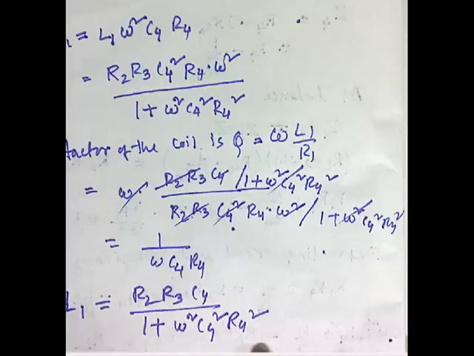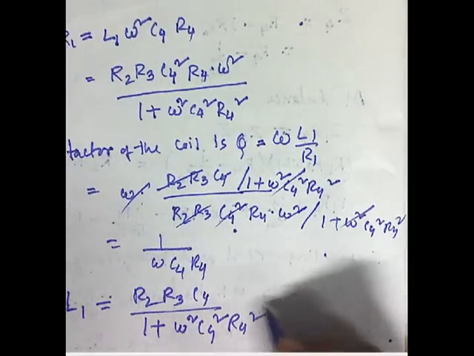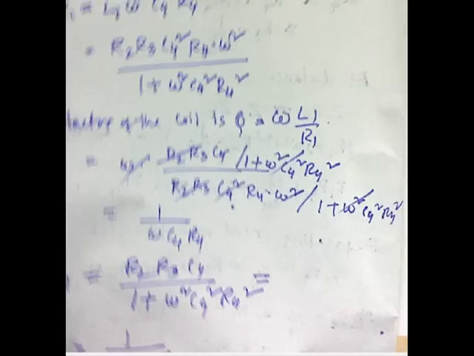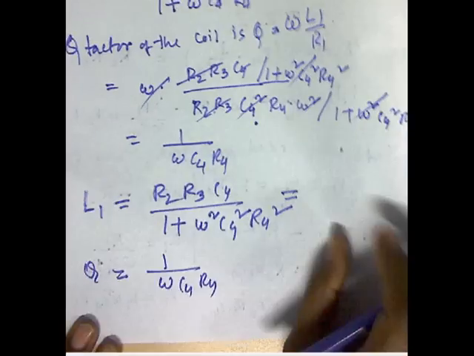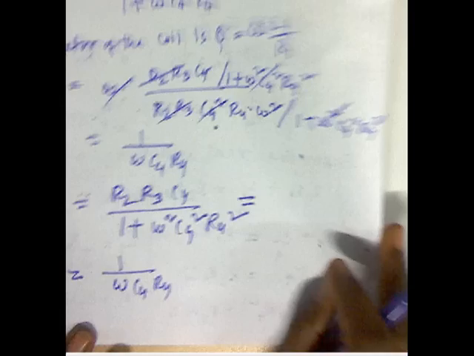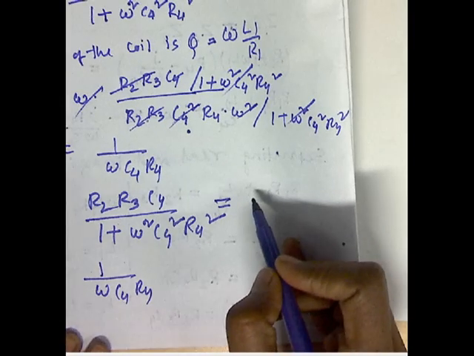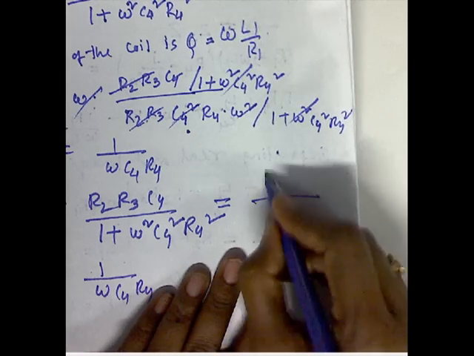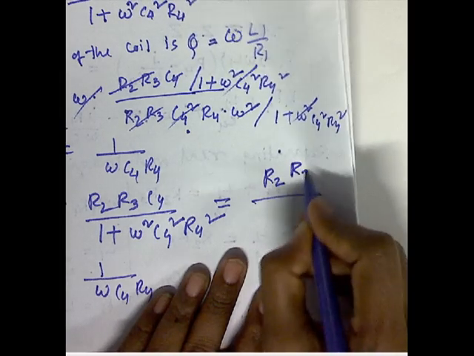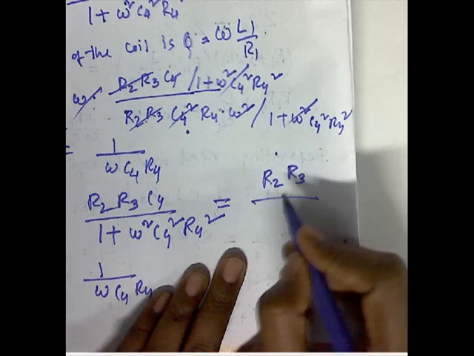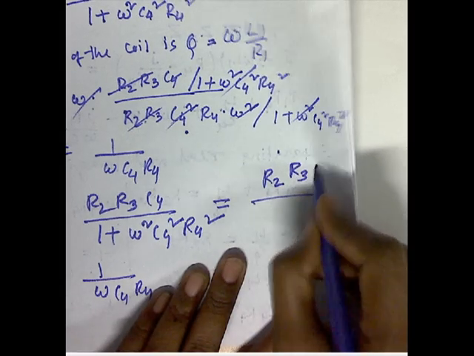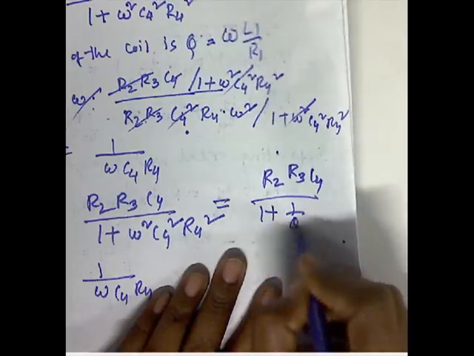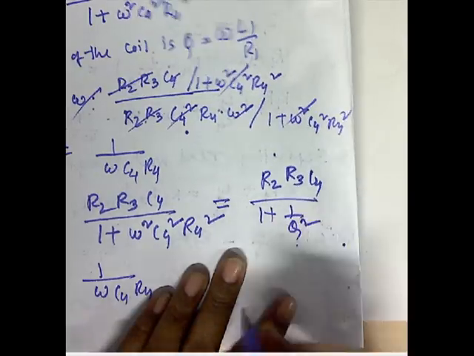So L1 can be written as R2 R3 C4 by 1 plus 1 by Q square.